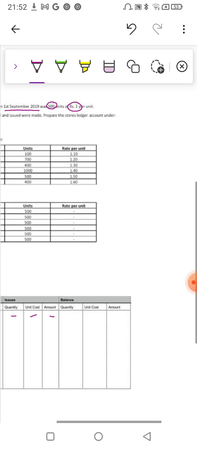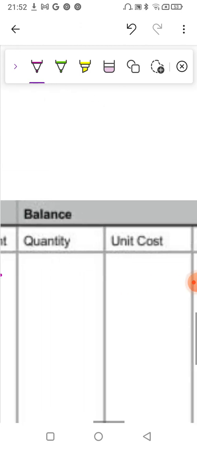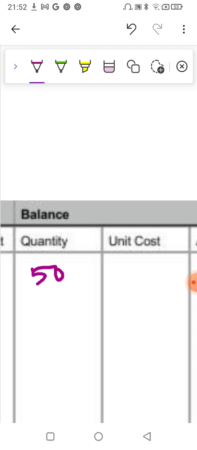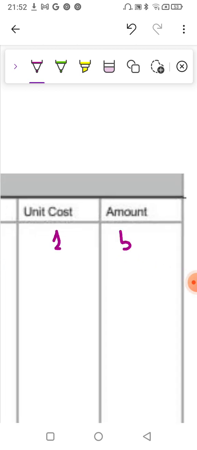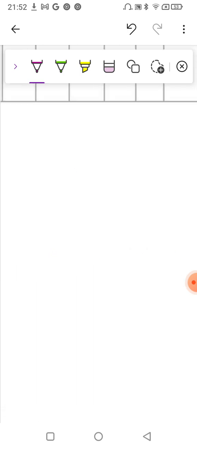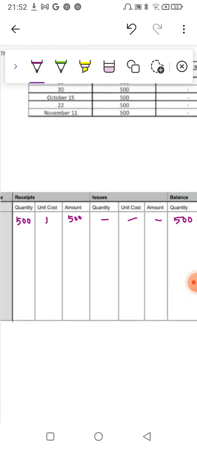I will write over here: quantity 500, unit cost 1, and amount 500 into 1. This is my opening balance. In receipt, we do not have to write it because this was not a receipt, it was an opening balance.